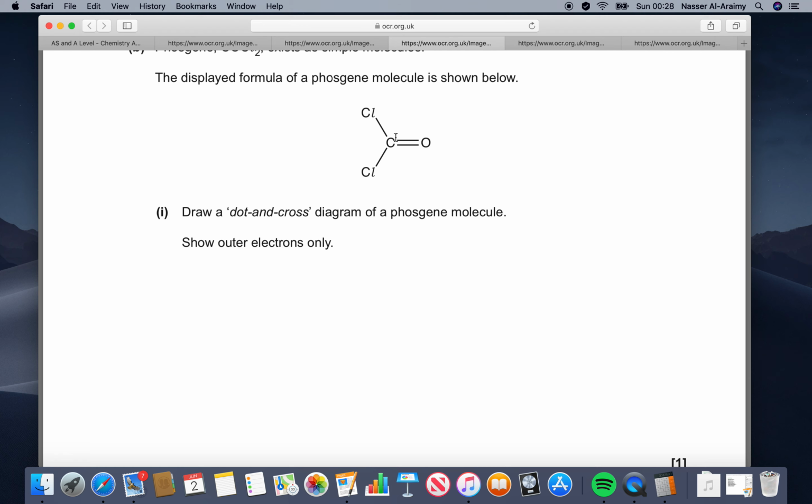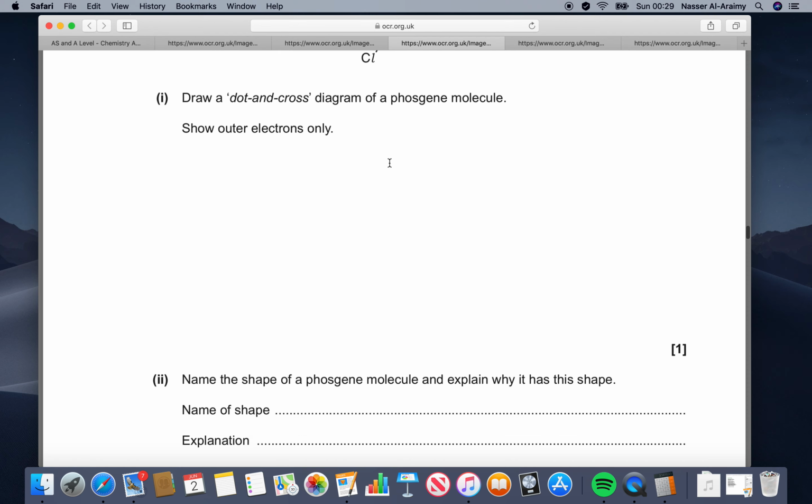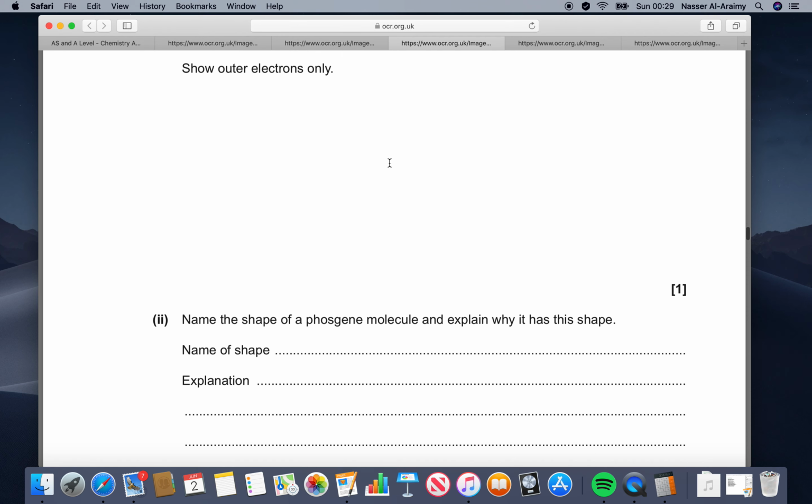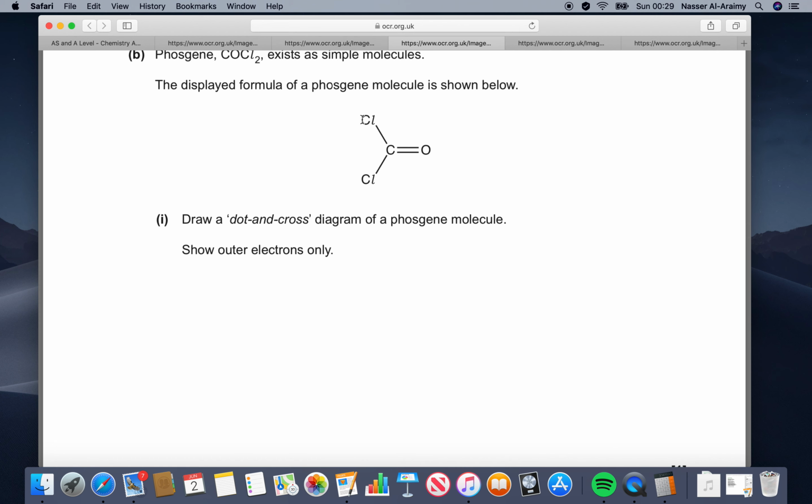How many bonds? What's happening there in terms of bonds? How many electrons have you got? Have you got anything to do with lone pairs? Why does it look like that?